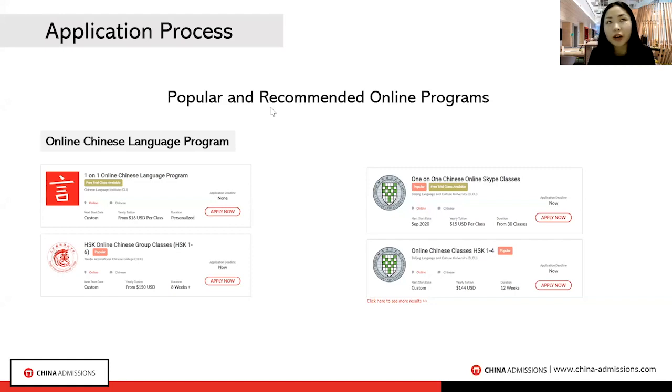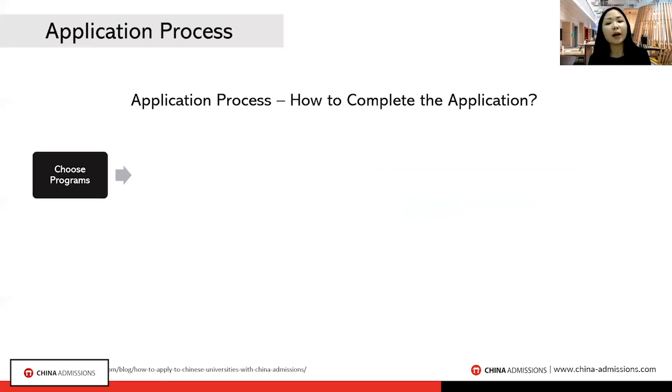So it's very, very affordable in this case, because their classes are very intensive. So the classes will be from Monday to Friday. And also BLCU have this program. So they have the one-on-one online course, and also they have the group class for $158 for 12 weeks.